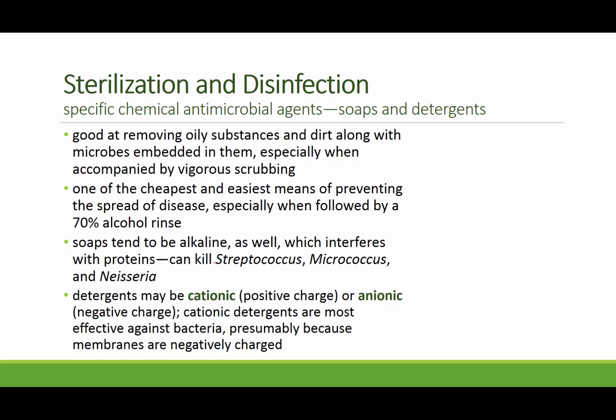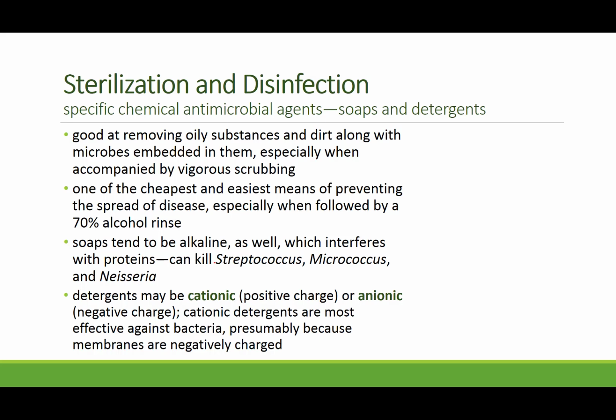And the detergents that we use for laundry, for dishwashing, and for other cleansing can be either cationic or anionic. So these detergent molecules have either a positive charge or a negative charge.